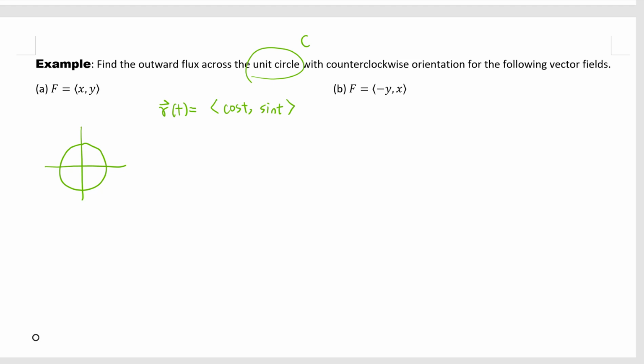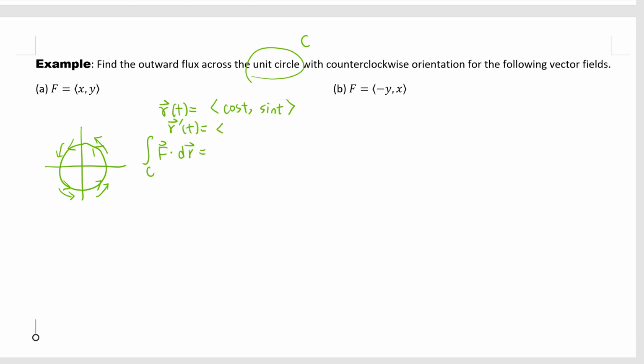And what is the circulation? Let's calculate circulation. What does circulation do? So here, this is the orientation, right? Circulation measures how much the vector field points in the direction of C. Okay, so let's see here. So we have the line integral F dot dr, and what's r prime?